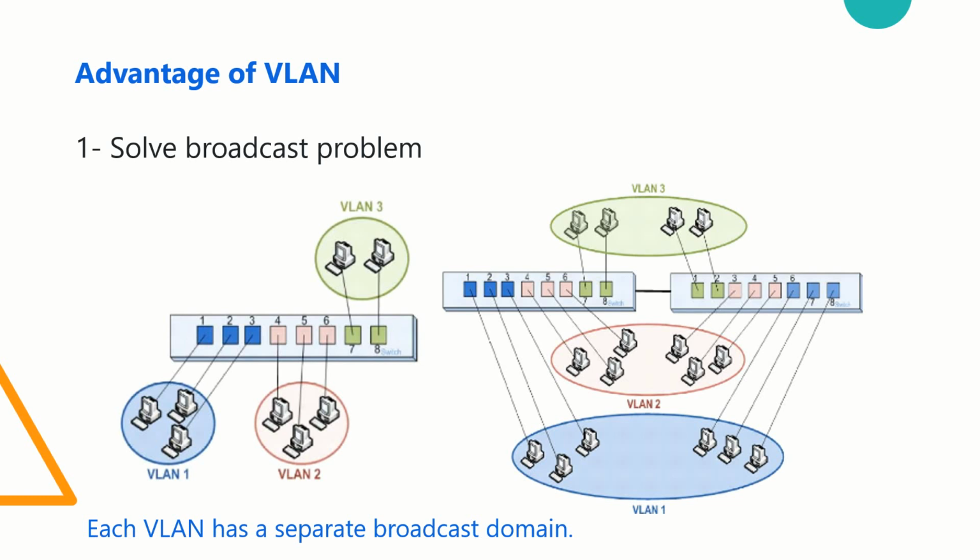For example, guest computers cannot get access to my database, to my server, to the organization server. But VLAN 2, maybe IT works here, can get access to all of the resources like database, servers, and whatever.